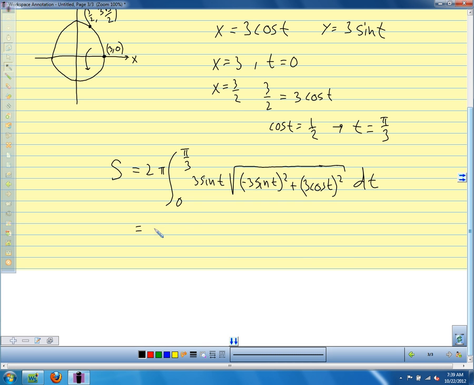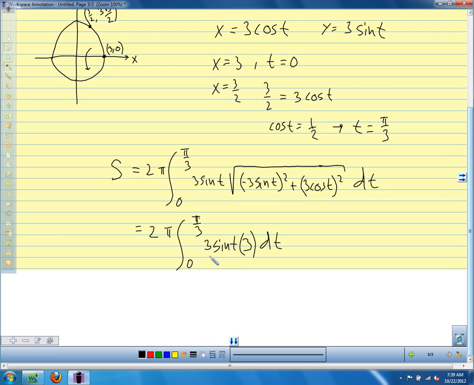So we end up with 2 pi, the integral from 0 to pi over 3, sine t. What does our radical simplify to? 3? Because we have a 9 sine squared and a 9 cosine squared. Sine squared and cosine squared are 1. Take the square root of 9, we get 3.